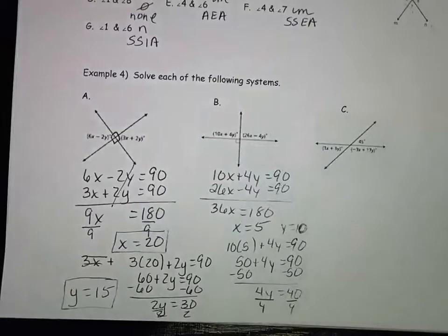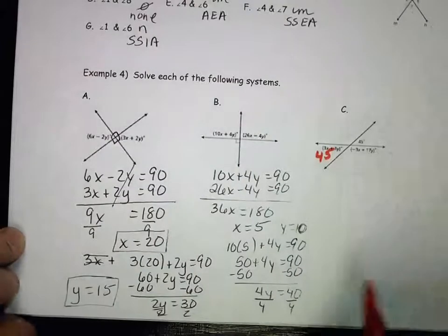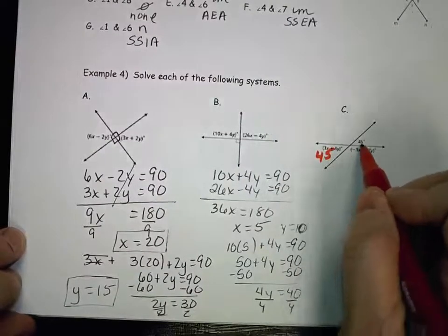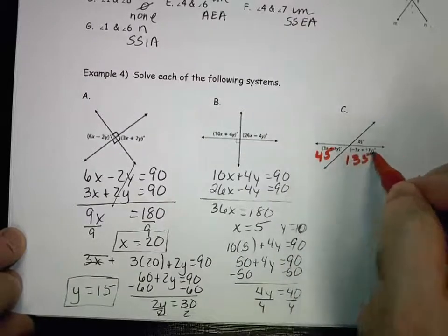Next one, these do not all equal 90 now. We have one angle here that's 45. So this vertical angle here will also be 45. And this angle right here will be 180 minus 45, which is 135.